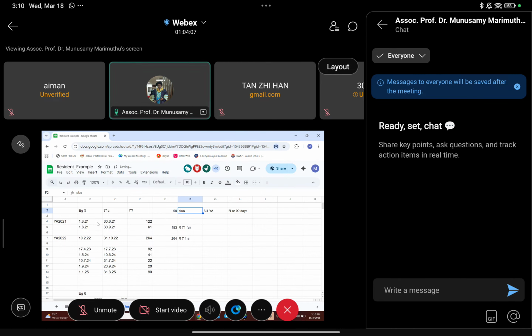This is the condition. So in the year of question, first of all, make sure he has 90 days, plus 3 out of 4 either a resident or 90 days. Okay, let's see. So this is very clear, 64, 23.